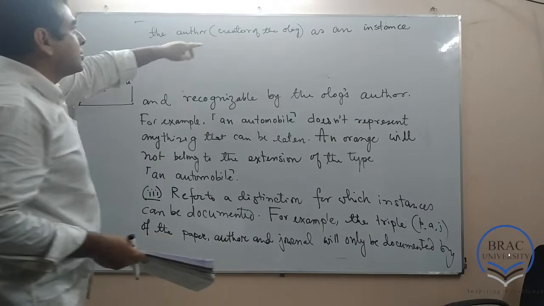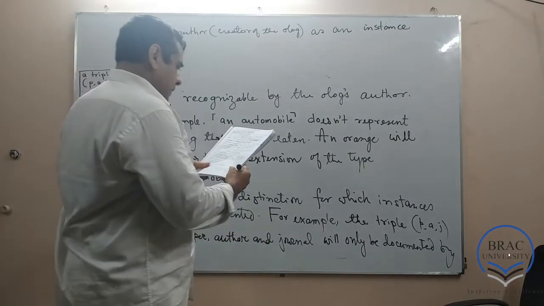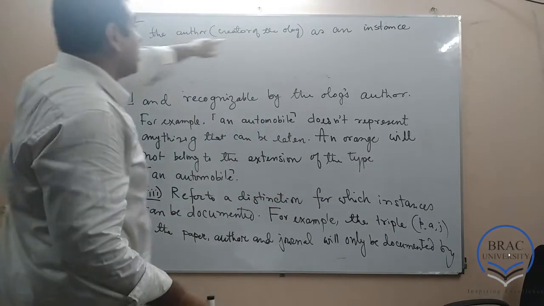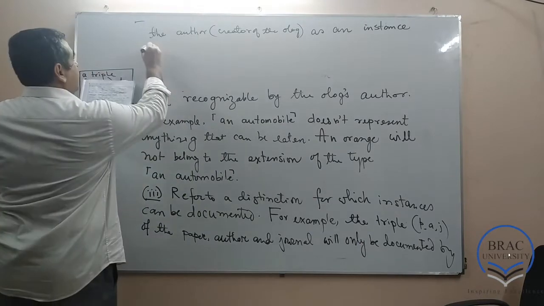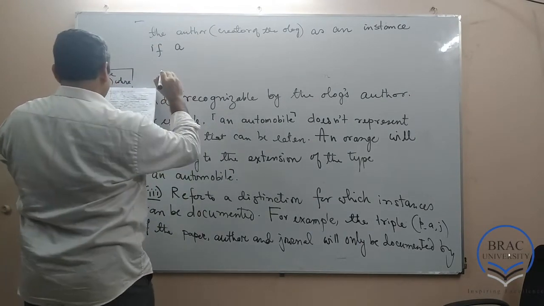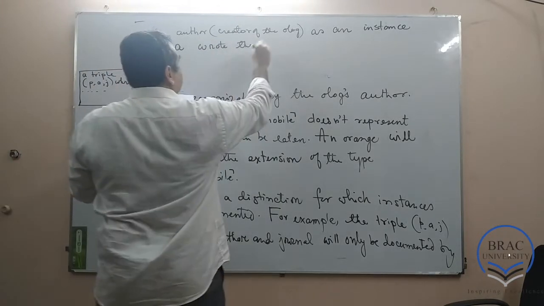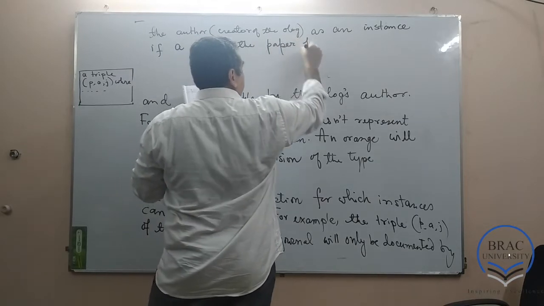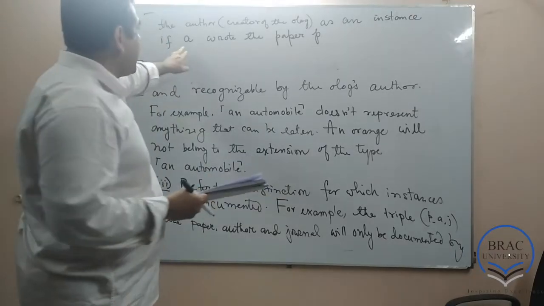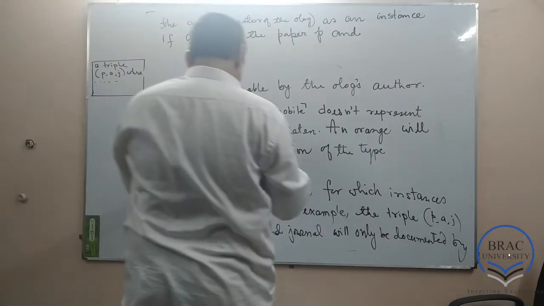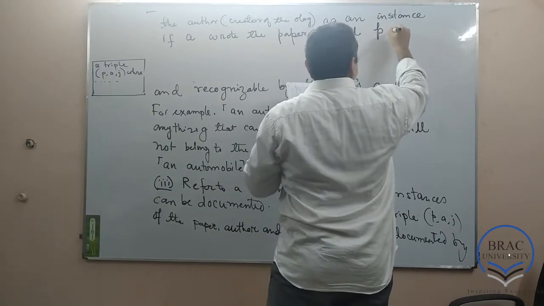So the triple will be documented by the author as an instance if A wrote the paper P and P was published in J.